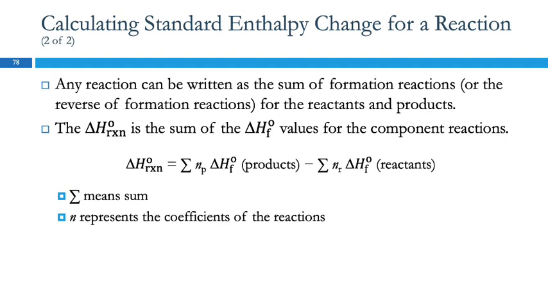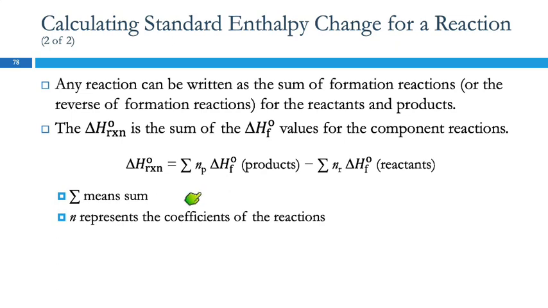And so a shorter way to look at this is here. So the standard heat of reaction is going to be the sum of the heats of formation of all the products. If there are coefficients, if you make 2 moles, you're going to have twice as much energy change.